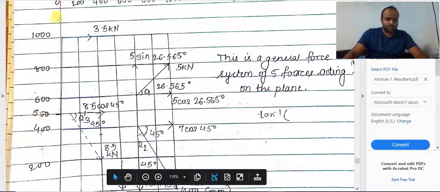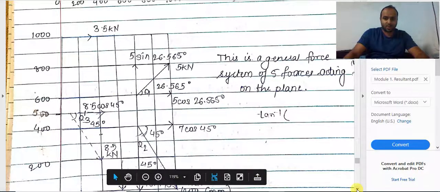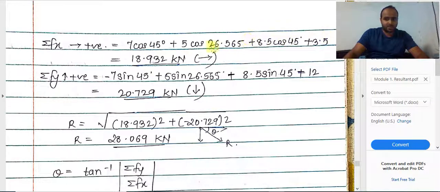Okay, so this is plus 3.5 plus 8.5 cos 45 plus 7 cos 45 plus 5 cos of 26.565. Everything is going to be plus, because all are acting towards positive x-axis. As we have seen, this is the equation, and the value that we got is 18.932 kilonewton towards right.